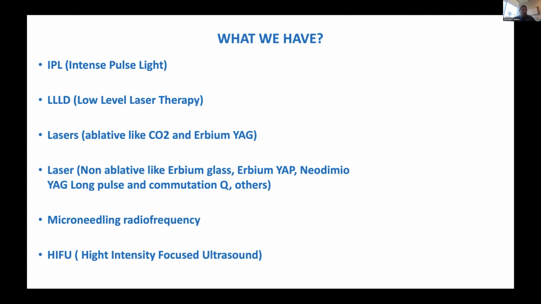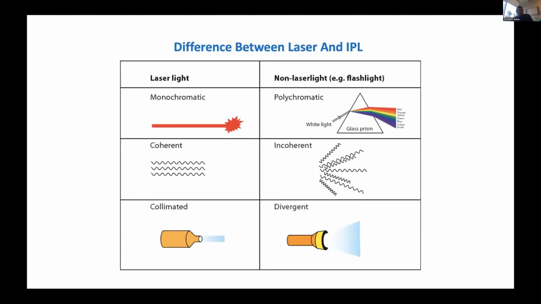frequency, and HIFU. There is a difference, because one is monochromatic, the other one is polychromatic. So IPL is going to target more things than lasers. Lasers are coherent and IPLs are incoherent. And it's very important to know the lasers are collimated and the IPL is divergent.